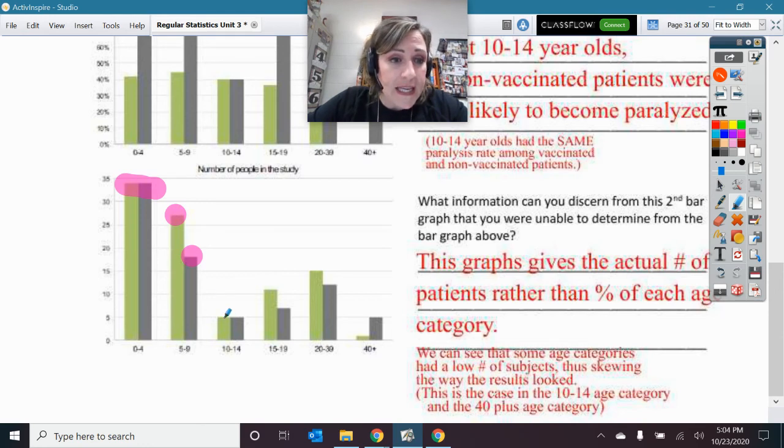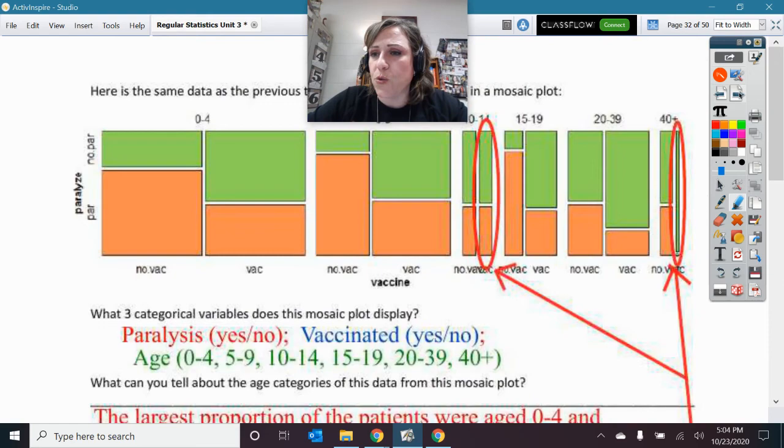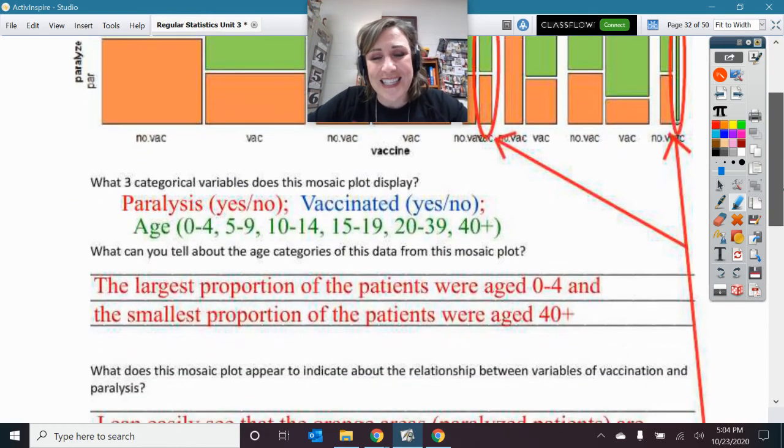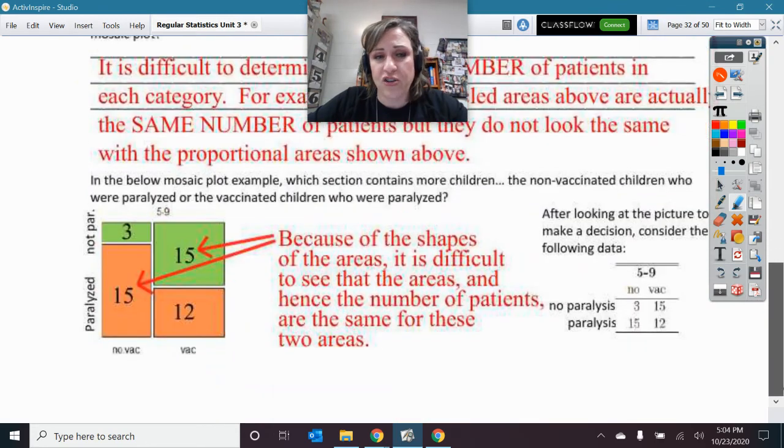There were only 10 total 10 to 14-year-olds, 5 vaccinated, 5 non-vaccinated. And look at this 40 plus. Looks like there was one person who was vaccinated, and 5 were not vaccinated, and so on. So we could see actual numbers that we aren't able to tell here. We can kind of get an idea of how big they are, but we can't tell numbers.